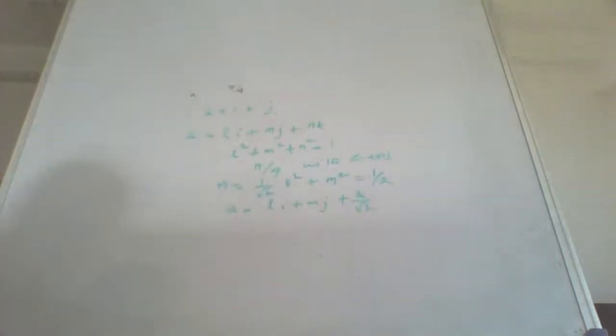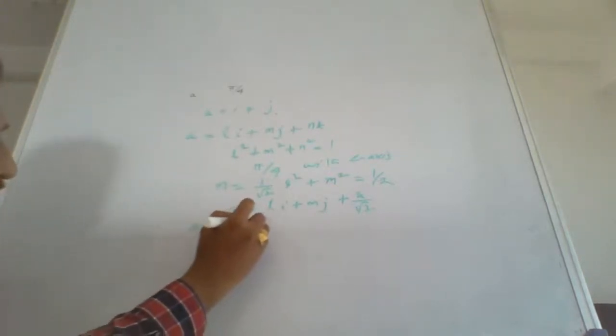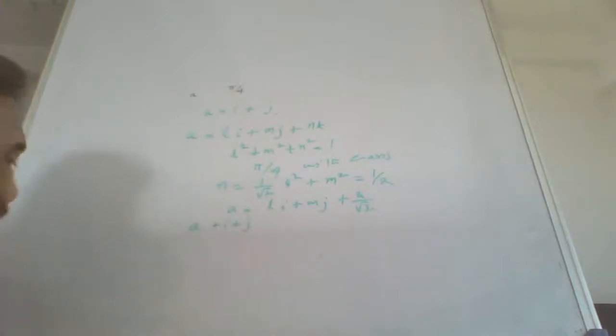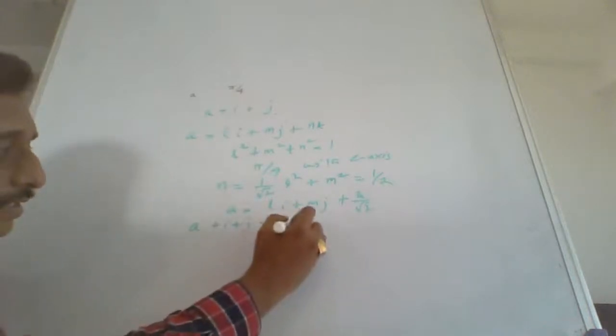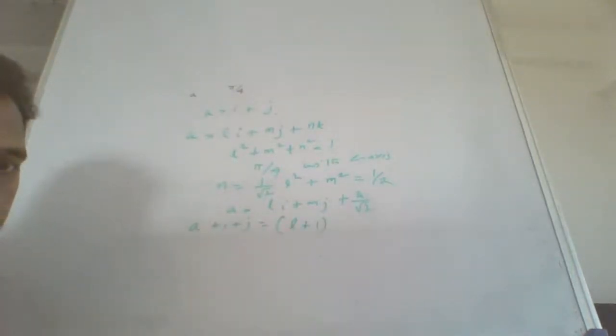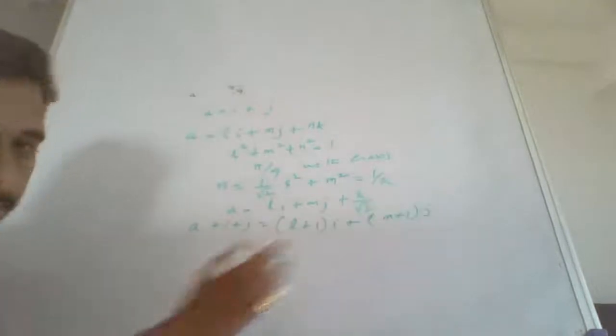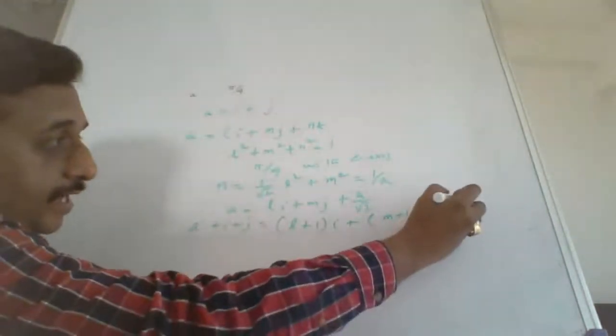Now a plus i plus j, if you try to compute it, I get (l plus 1) i plus (m plus 1) j plus k by root 2.